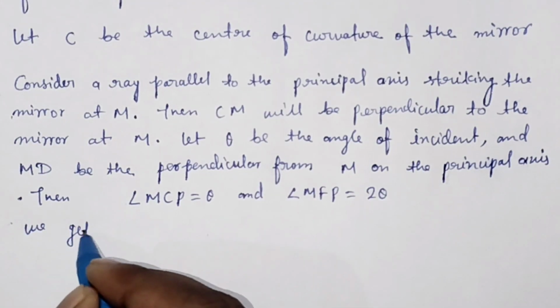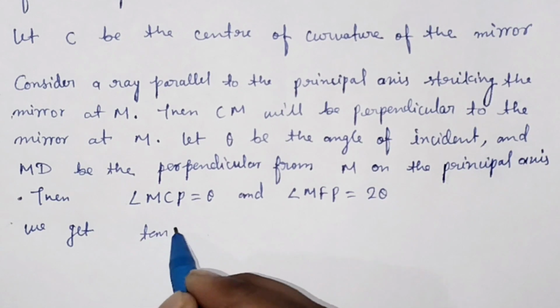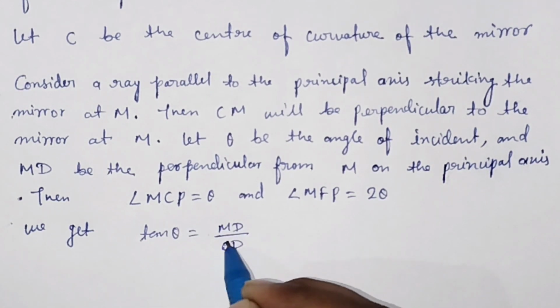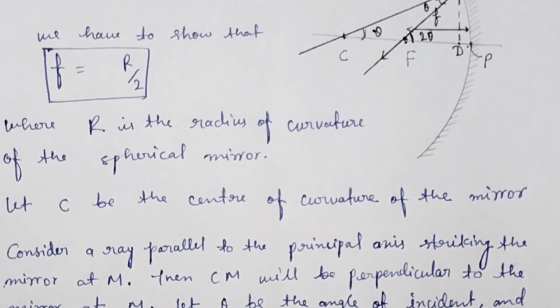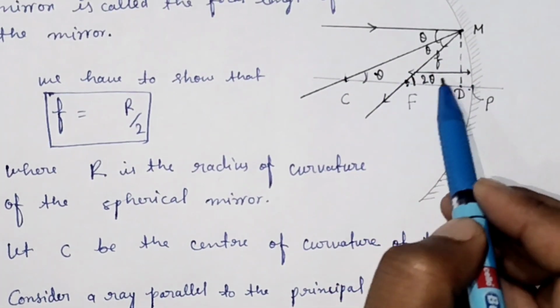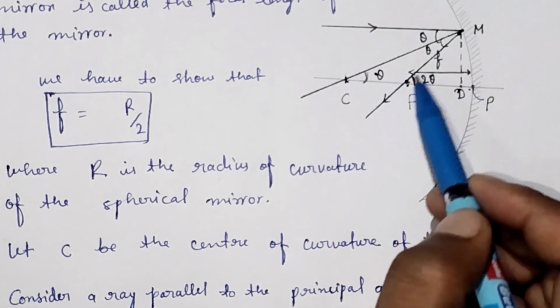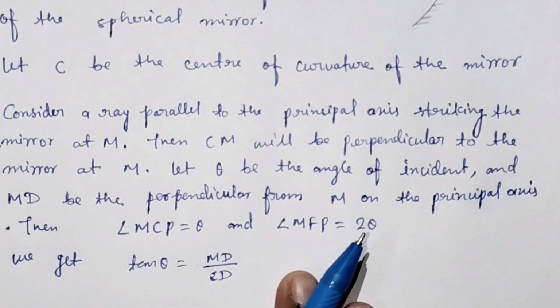We get tan theta is equal to MD upon CD. Here you can see tan theta means perpendicular MD upon CD. This is tan theta. Clear?